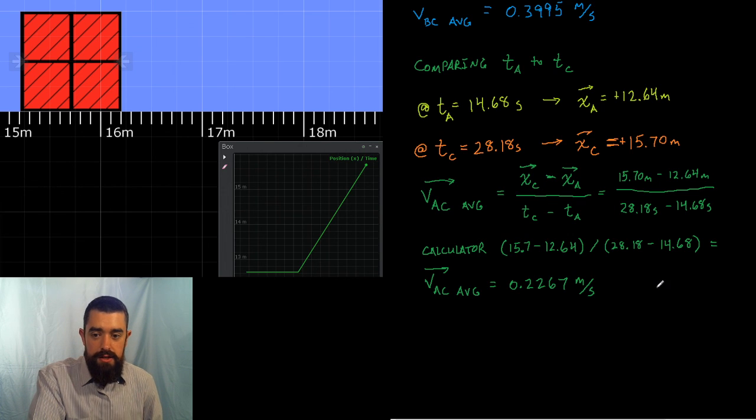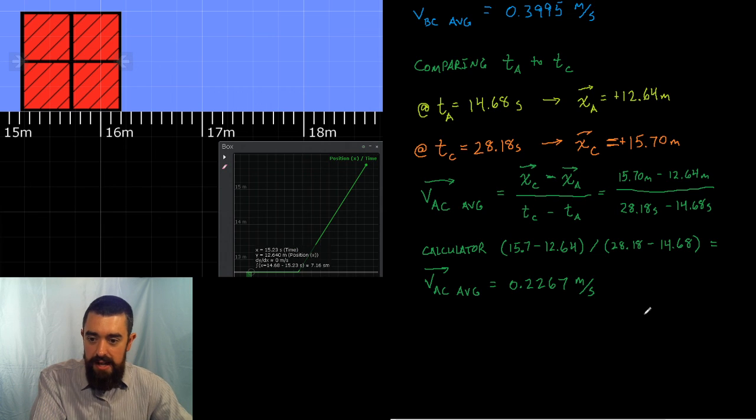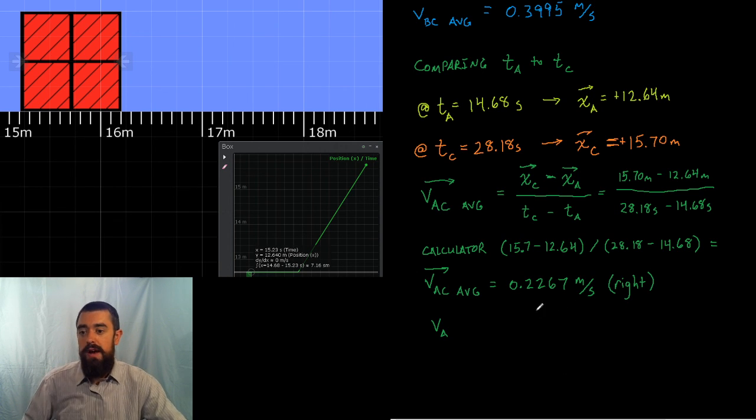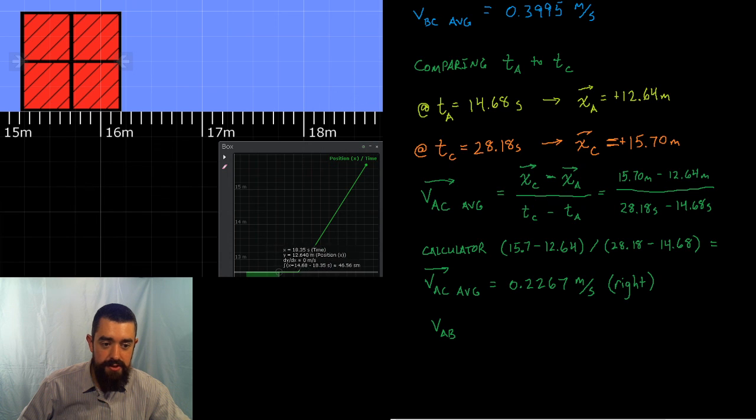All right, let's compare. So what was the velocity originally? Velocity during interval AB, and since this is a velocity, I need to put to the right, in the positive x direction. You have to include a direction when you're talking about velocity. The instantaneous velocity at all of these points, look at the dy/dx, was 0 meters per second.